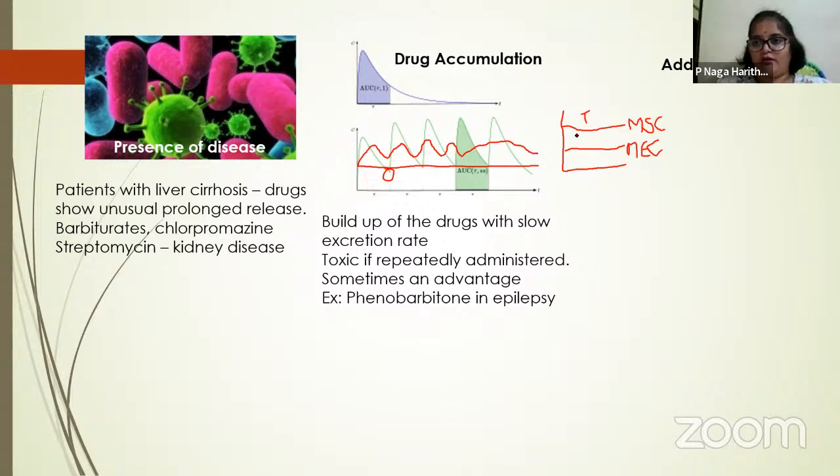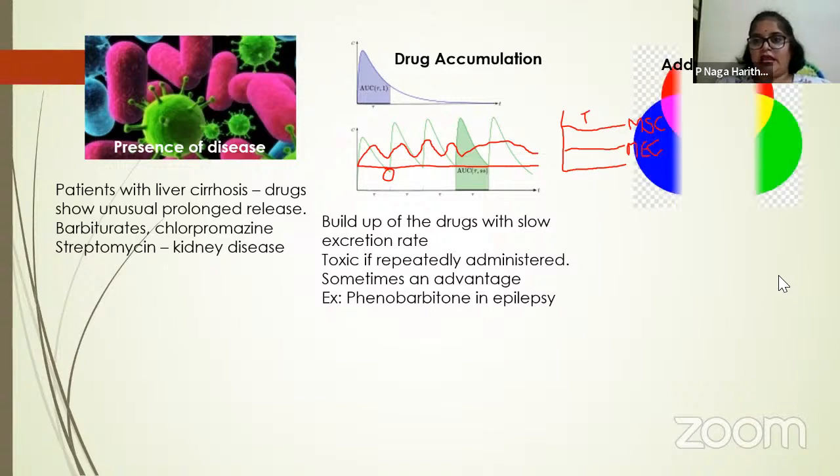I think you have understood what accumulation actually is. Here, instead of dose, the dosing interval is very important. That is why in the dosage regimen, we show the combination of both the dose as well as the dosing interval. And then the next effect is the additive effect.